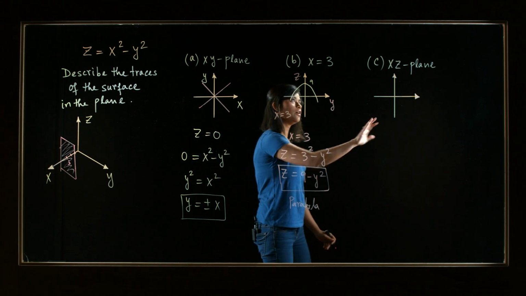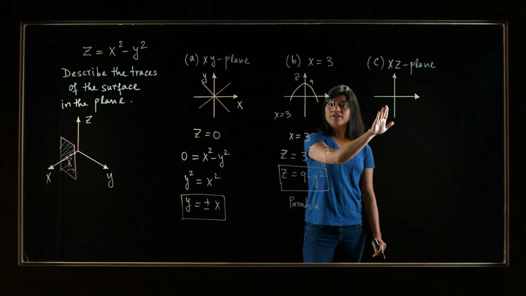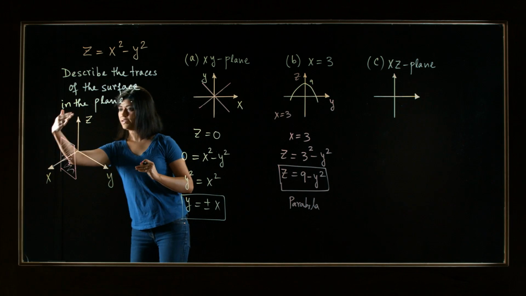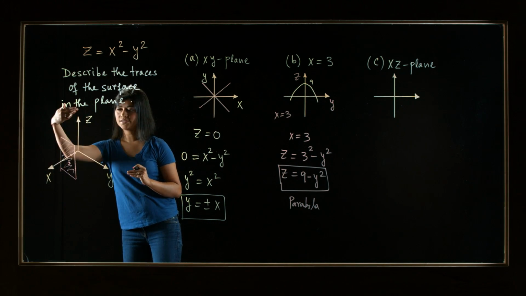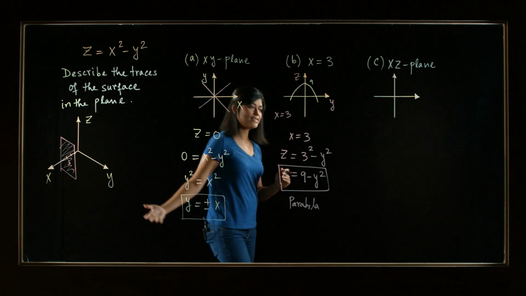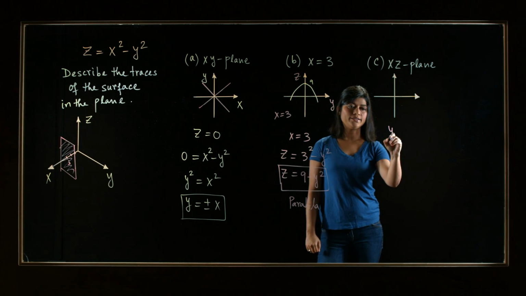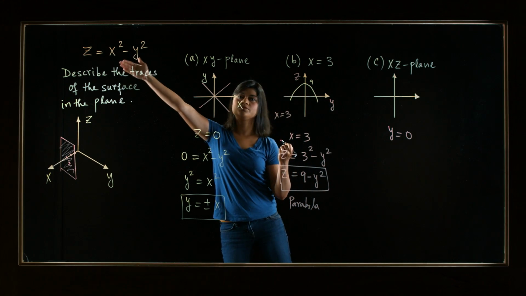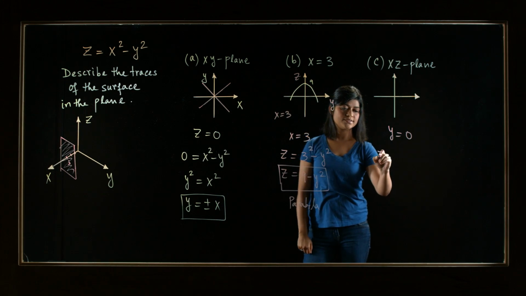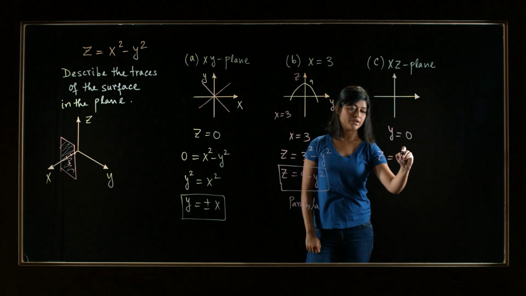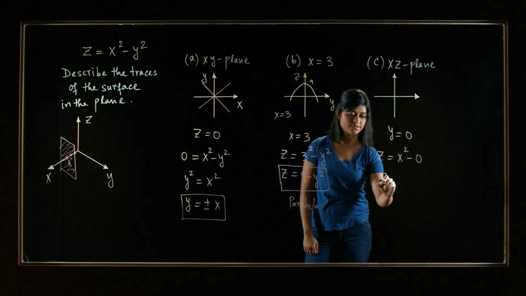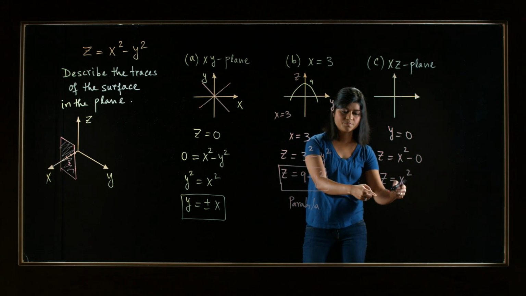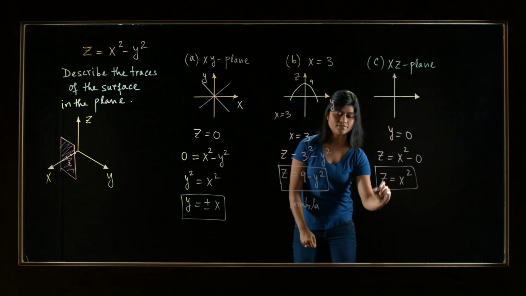Finally, moving on to the last one, we have to find the trace on the xz plane. The xz plane is this plane, the x-axis and the z-axis plane. And what happens on the xz plane? We know that y is 0. The same thing again, you plug in y equals 0 in the equation. So you get z is equal to x squared minus 0, which means z is equal to x squared. And what does that represent? Again, that's a parabola.